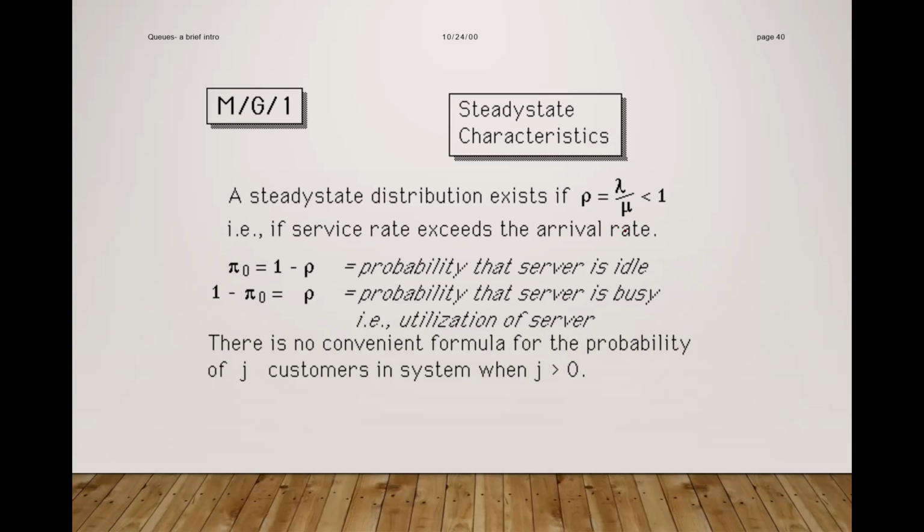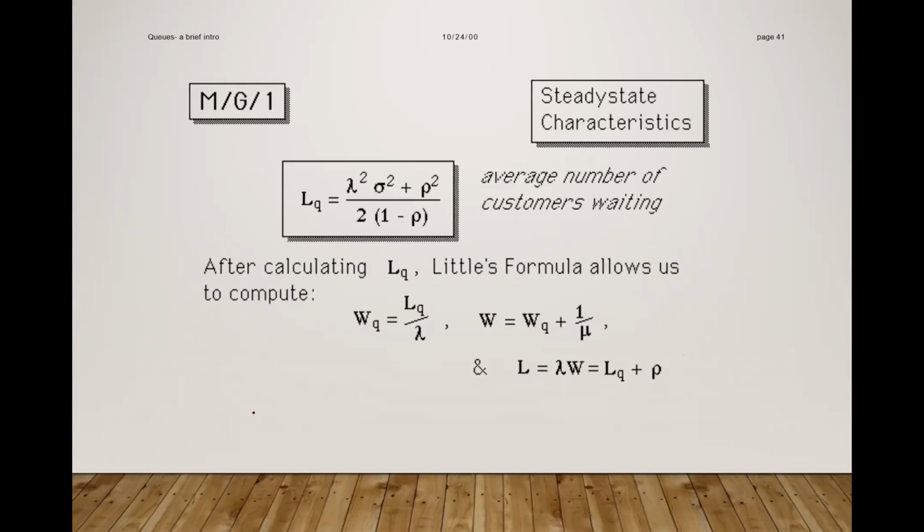If the service rate exceeds the arrival rate, okay, probability that the server is idle, probability that the server is busy, right? But there is no convenient formula for the probability of j in the system when j is greater than 0, unlike yung mga pinag-compute natin na meron. We will be directly computing from the probabilities. Okay?